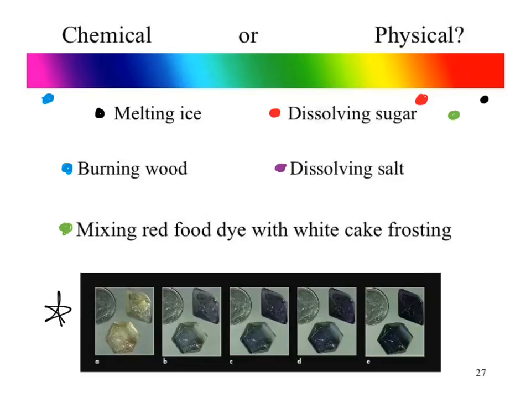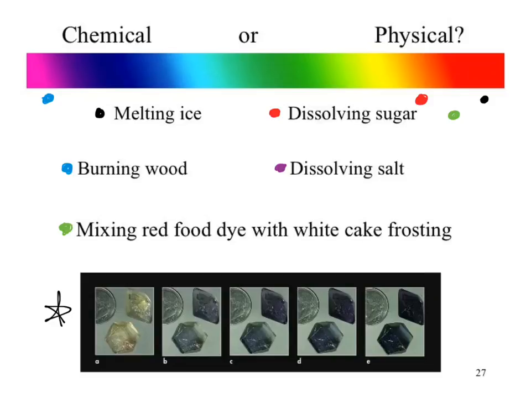Guess what I'm going to ask you to describe now? Sugar. Describe sugar for me. A white solid. When we dissolve sugar, what are we doing? We're taking a white solid and we add it to water, and we see it dissolve. We see the solid disappear. And dissolving salt? We take a white solid, and we add it to water, and we see the exact same result.